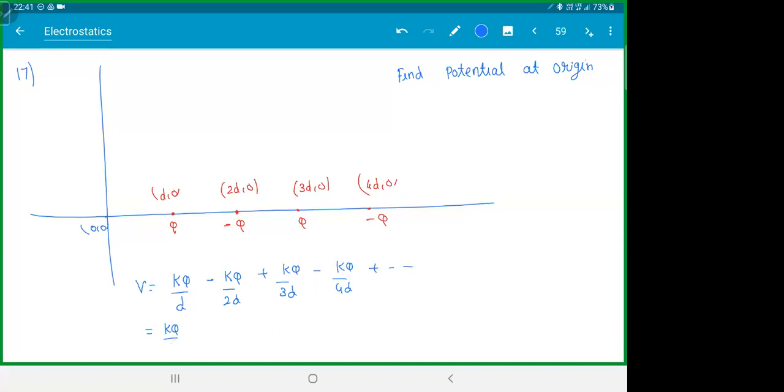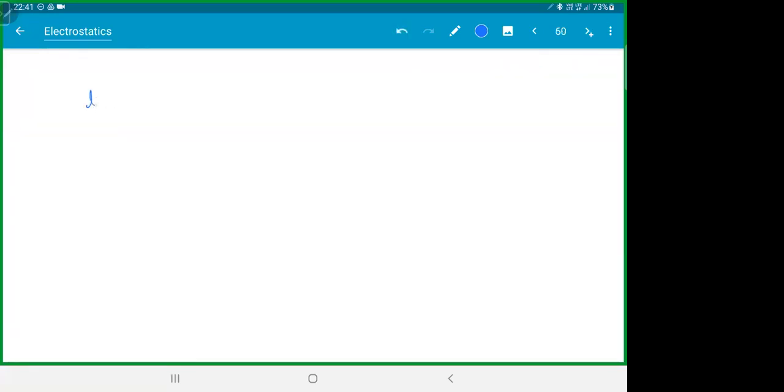If you take out kQ by d common, you end up with 1 minus half plus 1 by 3 minus 1 by 4 and so on. You know what this is? The series of ln 1 plus x: x minus x square by 2, x cube by 3 minus x power 4 by 4 and so on.